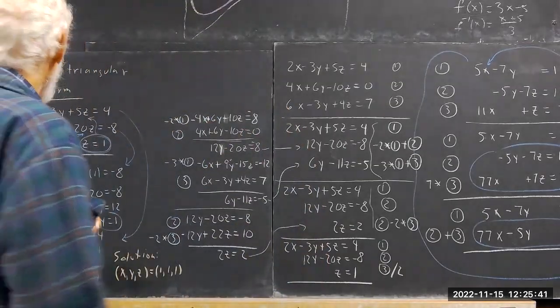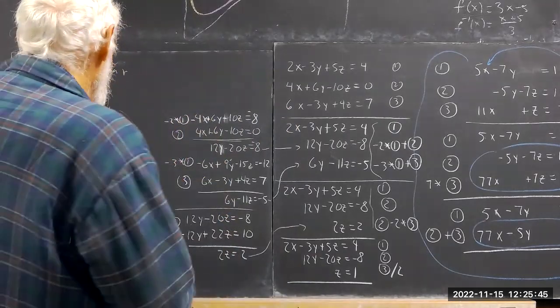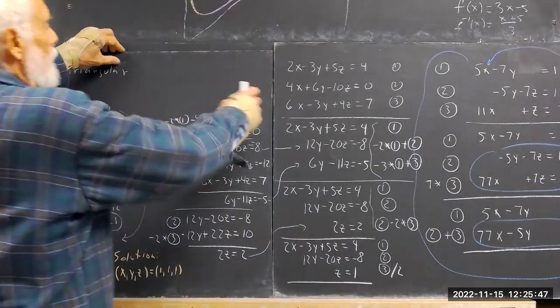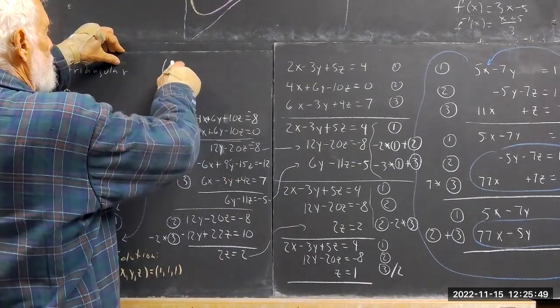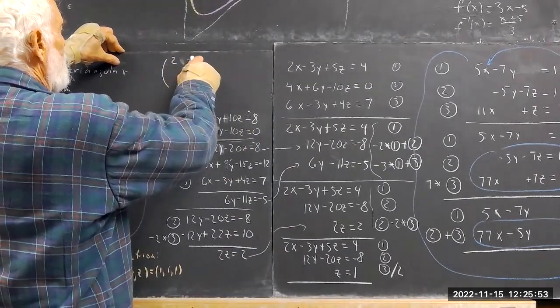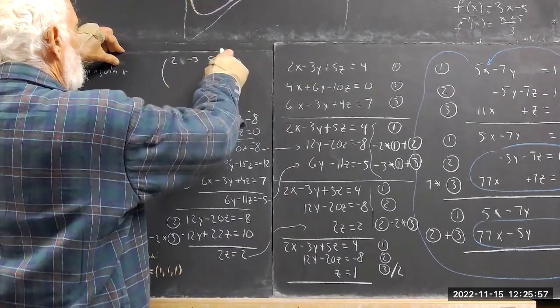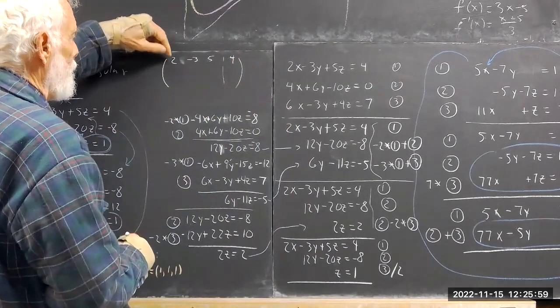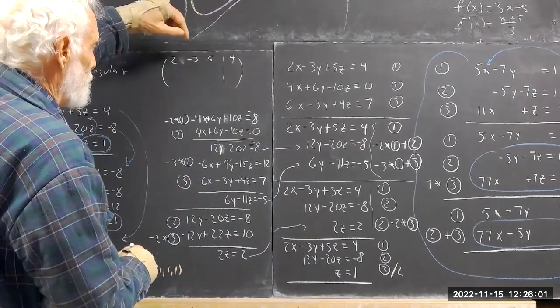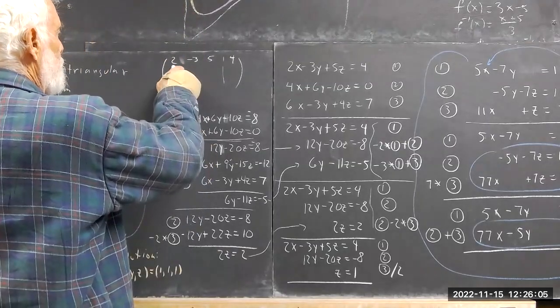I could write this system as 2, negative 3, 5, 4, where I understand that the first column is going to be my x coefficients, the second the y's, the third the z's.